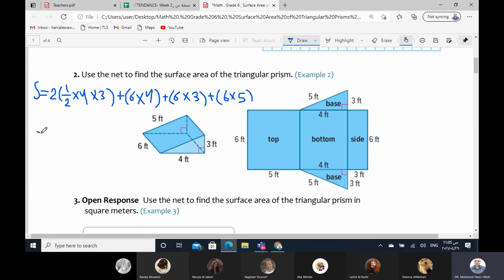Then we can calculate here. 2 times 1 over 2 will be 1, and here we have 3 times 4 will be 12, plus 6 times 4 will be 24, plus 6 times 3 will be 18, plus 6 times 5 will be 30.